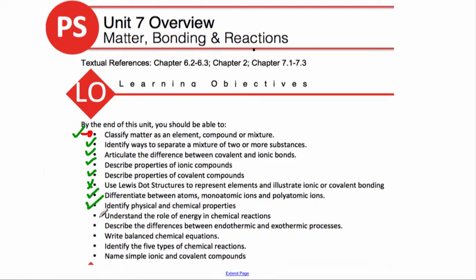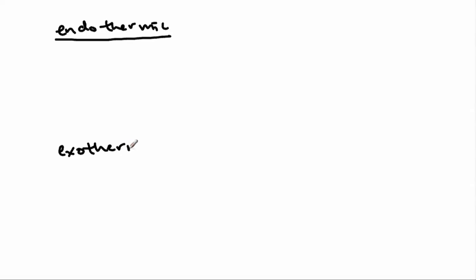The next bit, understanding the role of energy in chemical reactions. In this case, what we're going to be talking about is endothermic or exothermic. Okay? Those are words that we introduced a while back in this course, but now we're looking at them specifically through the lens of chemical reactions.